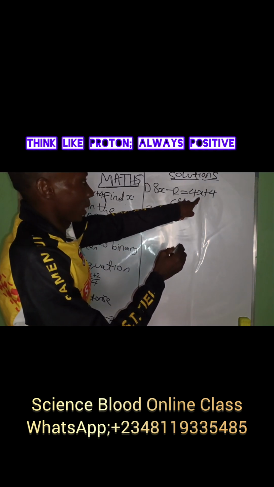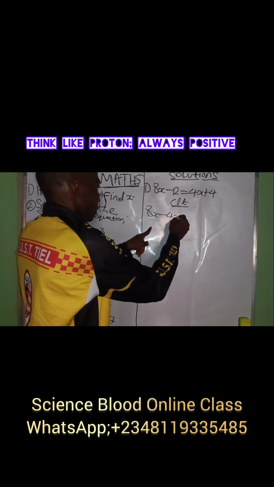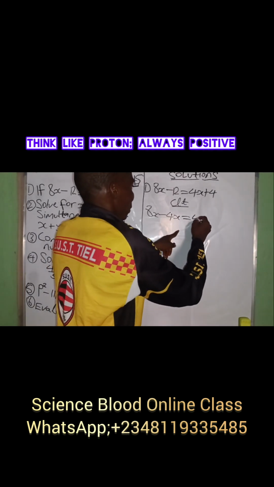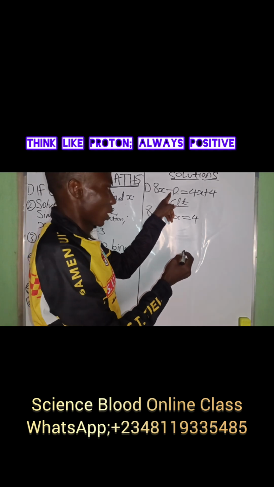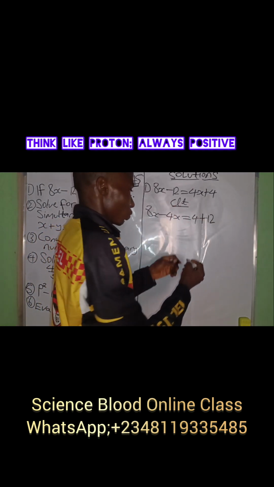Here we have 4x crossing the equal sign to give us minus 4x equals, we are having 4 here already, then here we have minus 12 crossing the equal sign to give us plus 12.